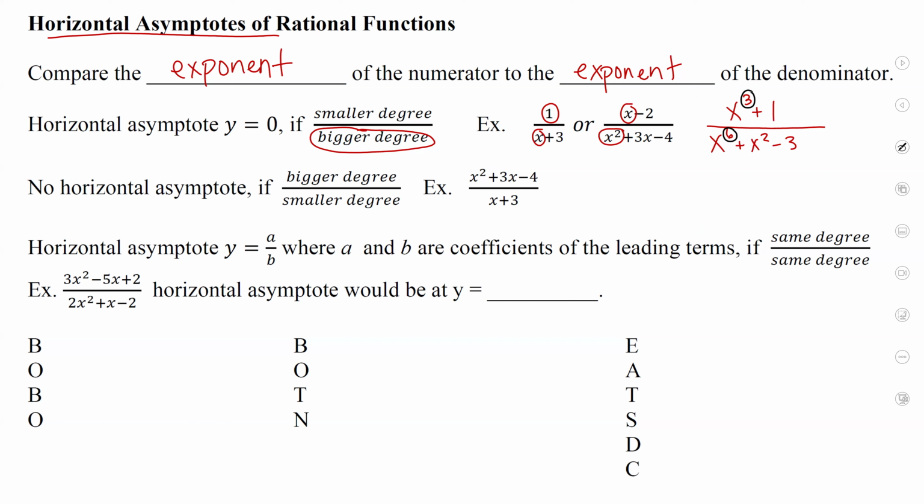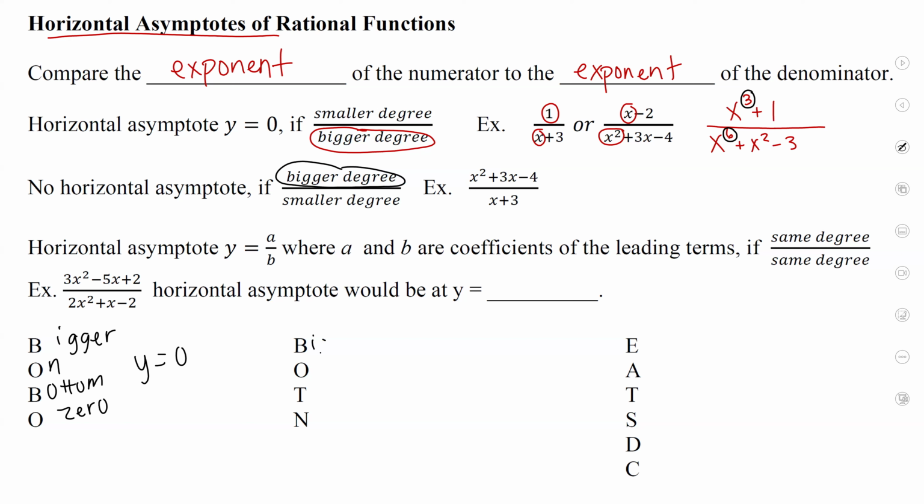Okay, so if it's bigger on the bottom, on your paper, it says bigger on bottom, your answer is 0. It'll be y equals 0. That's your horizontal asymptote.